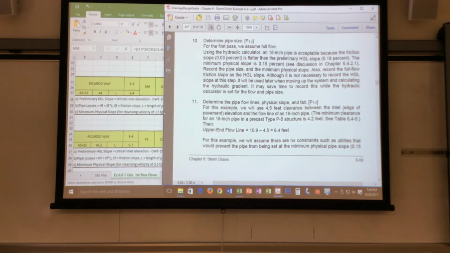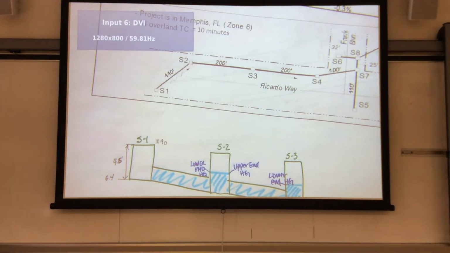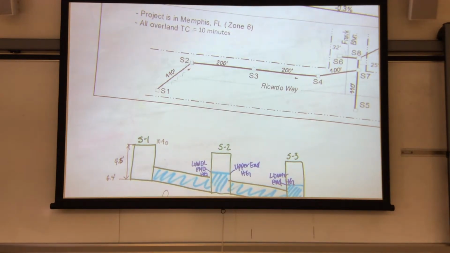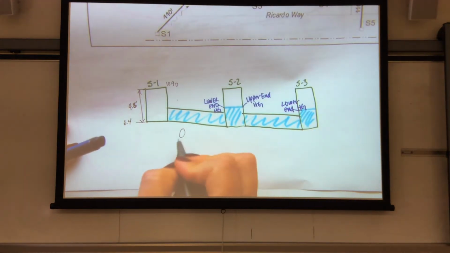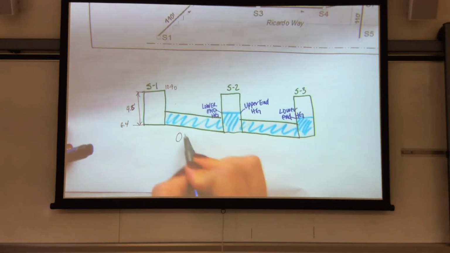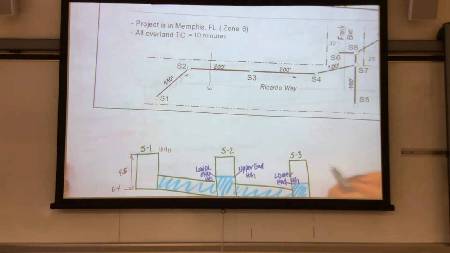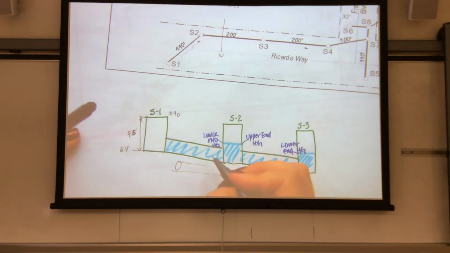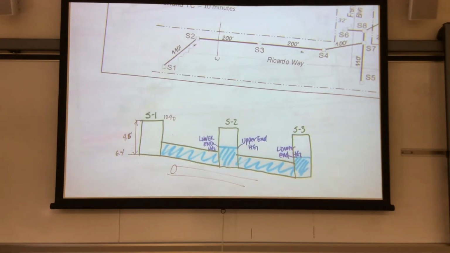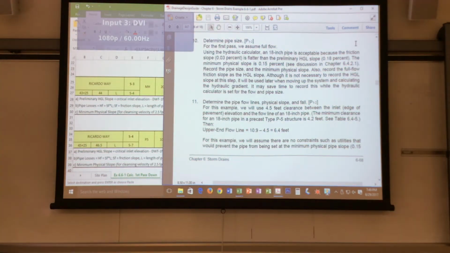What that means is, if I drew my picture, if there was a water main line running into the system, or another line running parallel, we don't want to conflict with the water main. Let's say there's a water main line that goes across it, we have to be under it or above it. So what this is saying is we're assuming there's no conflict that would keep us from building it at the minimum physical slope.